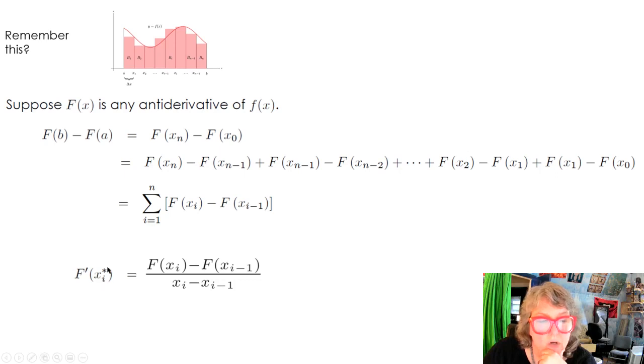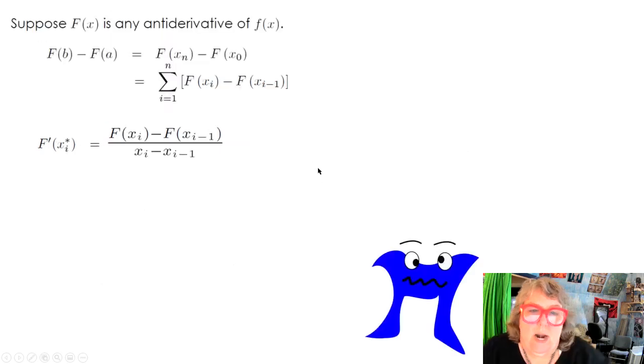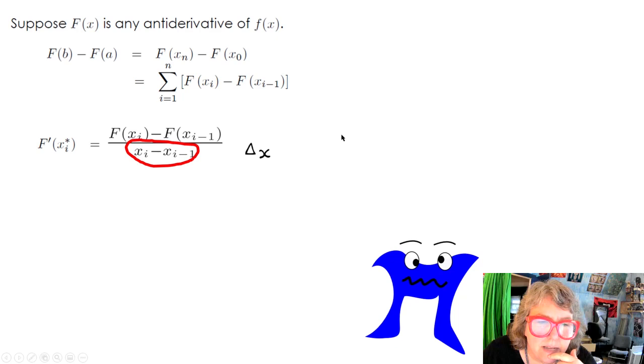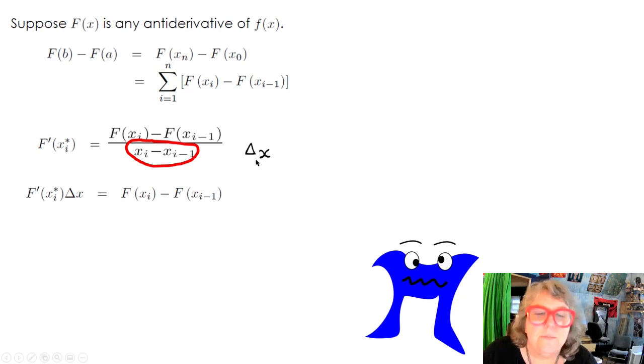So I have F prime of x i star, put it in the derivative, I get the same as this. So let's go to the next page so I have more elbow room. Now, this looks familiar. This is delta x. So rearranging this equation, I have F prime of x i star times delta x equals F of x i minus F of x i minus 1.